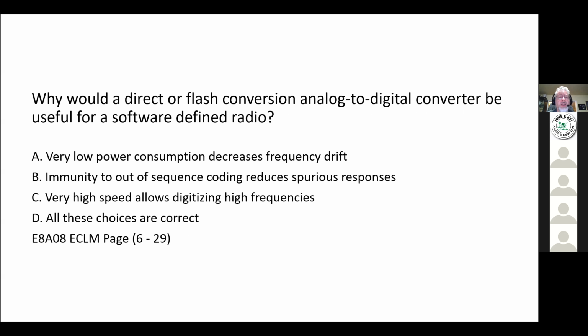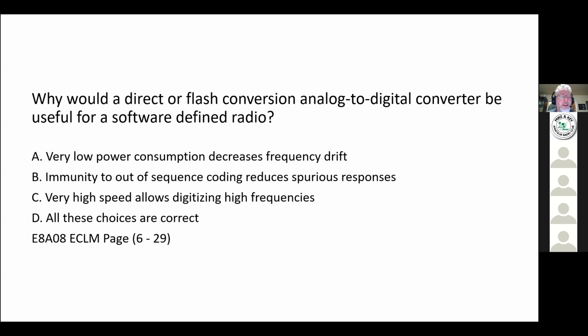Why would a direct or flash conversion analog to digital converter be used for a software-defined radio? A, very low power consumption decreases the frequency drift. B, immunity to out-of-sequence coding reduces spurious responses.